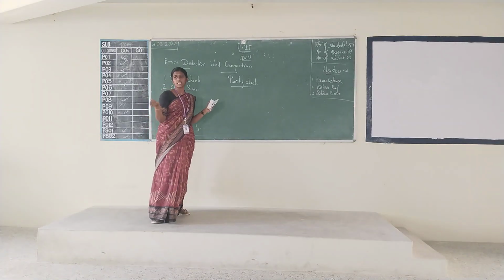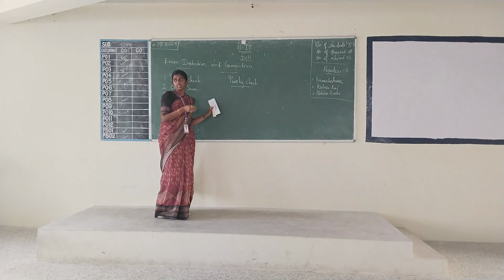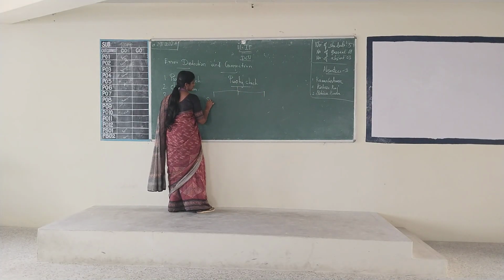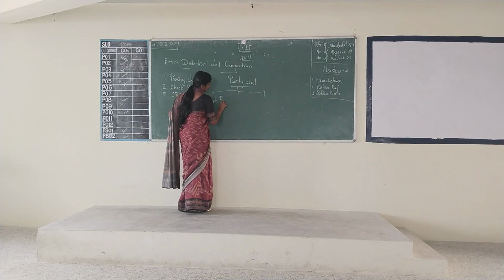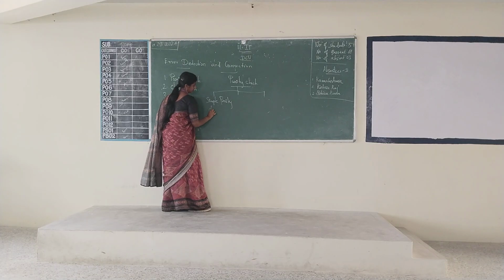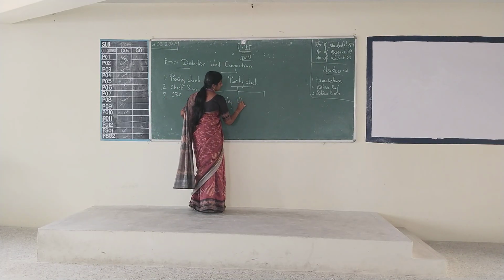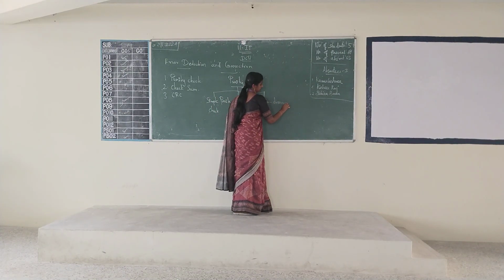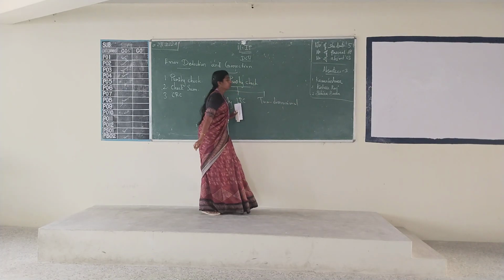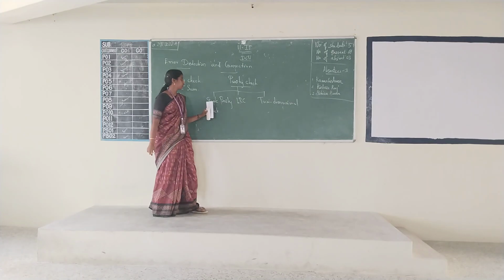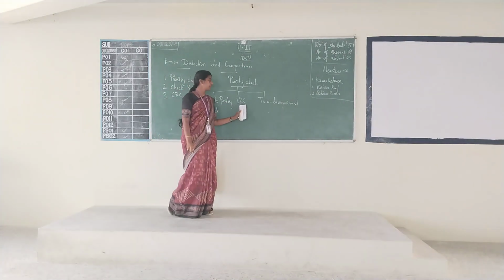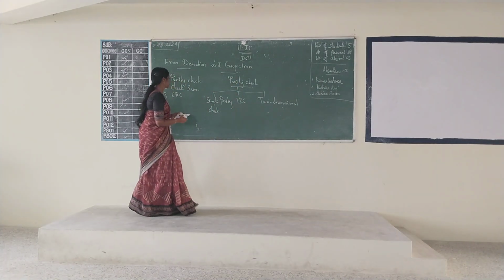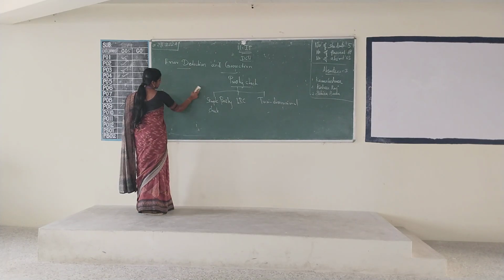We have a data, and we are going to add extra data to it. In parity check, we have three types: simple parity check, LRC, and two-dimensional. So first we will see what is simple parity check.